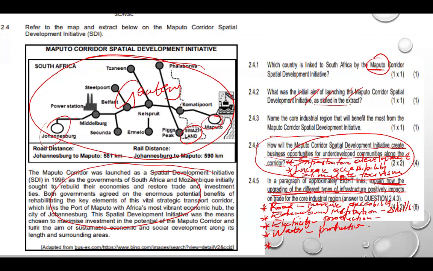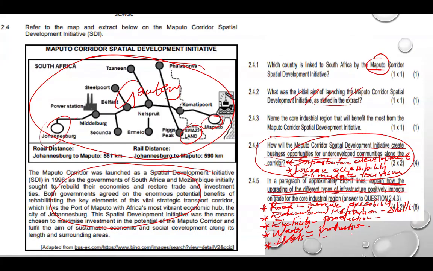So road infrastructure for accessibility. And then what other infrastructure can you look at? There's also going to be the development of hotels, because that's another thing that is going to develop there. If you have hotels, what are hotels going to do?